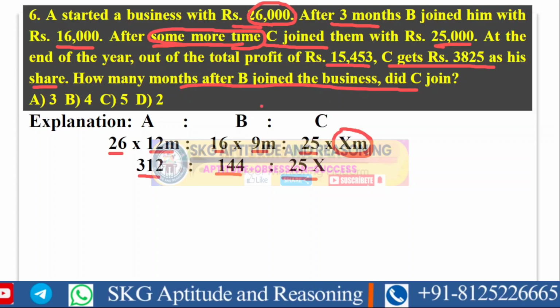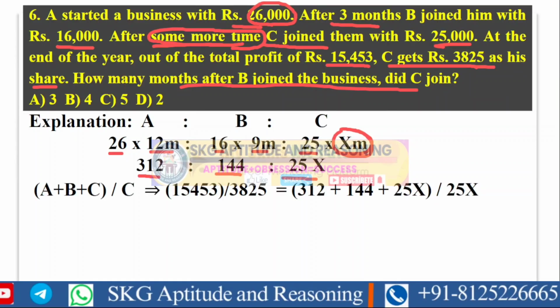In the question, they said A, B, C will receive a total profit of 15,453, and out of this C will receive 3,825. So if we take the ratio, A plus B plus C divided by C, 15,453 divided by 3,825 equals 312 plus 144 plus 25x divided by 25x.